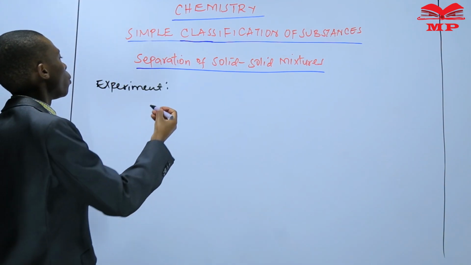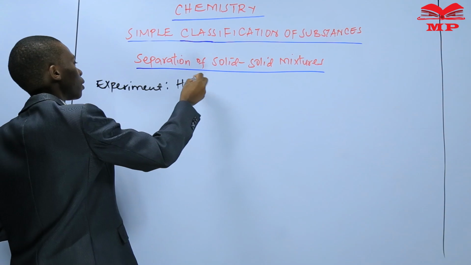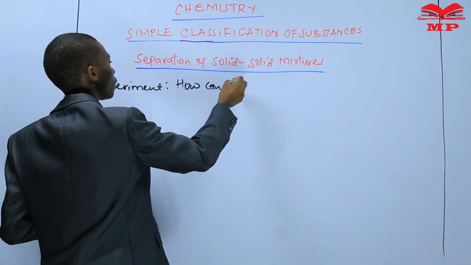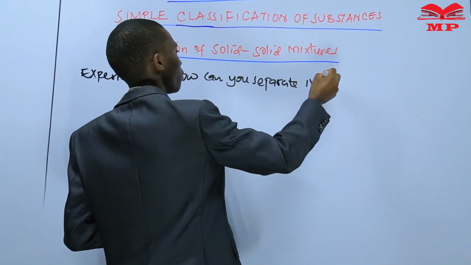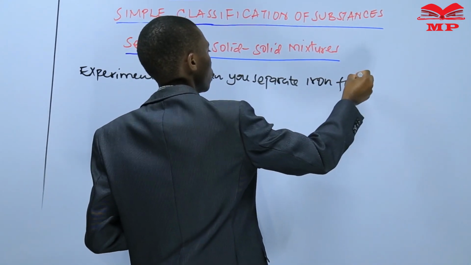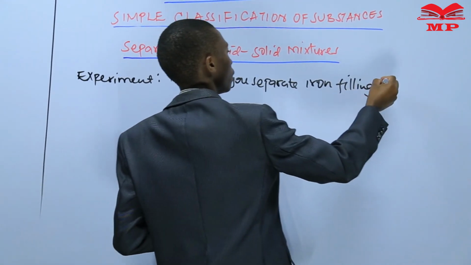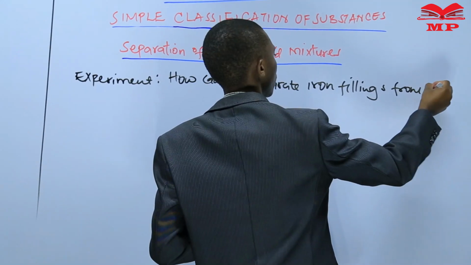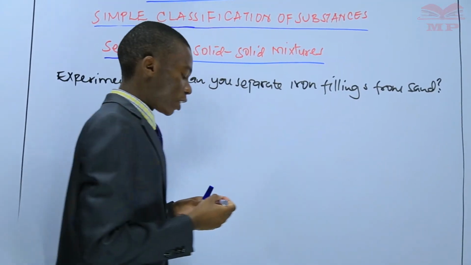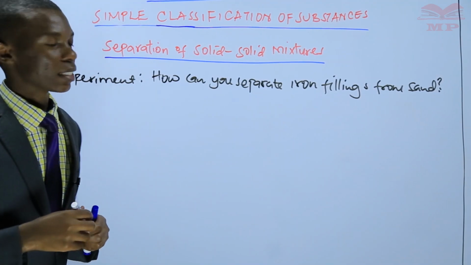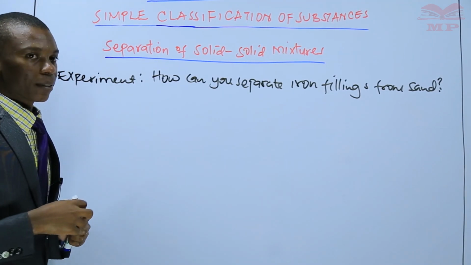The aim is: how can you separate iron filings from sand?